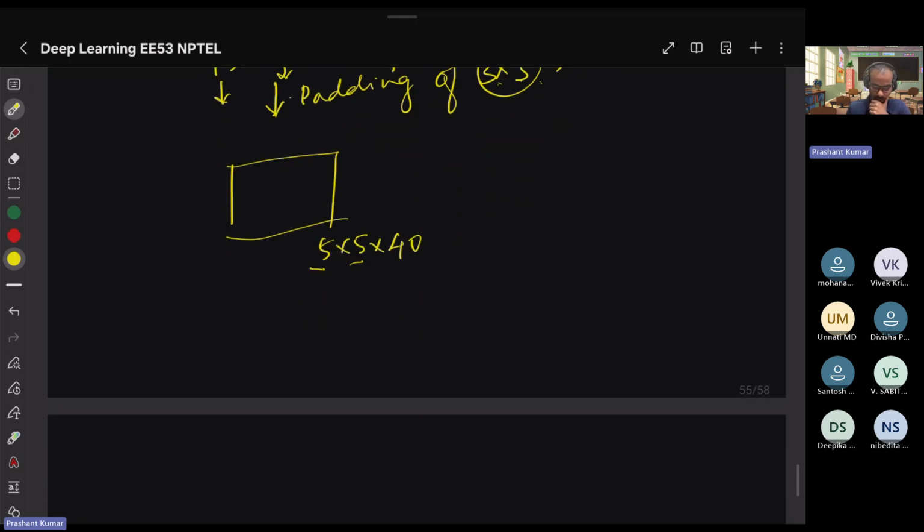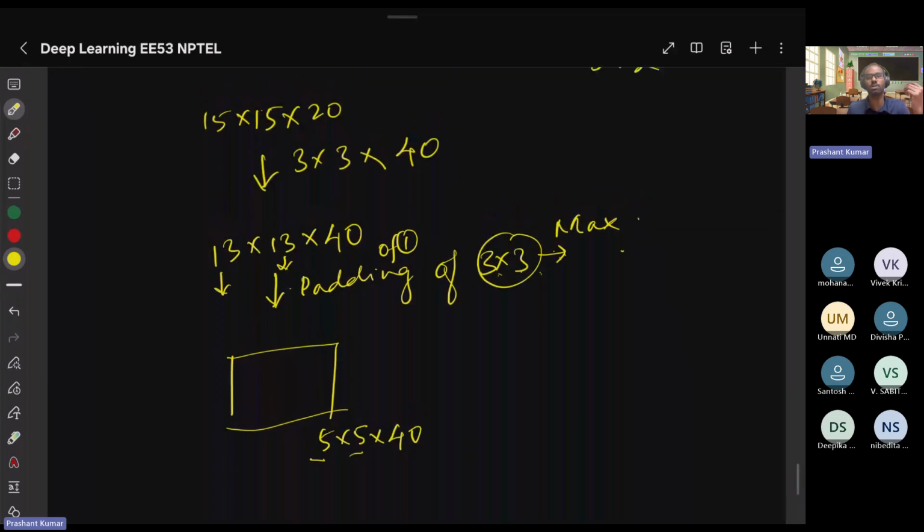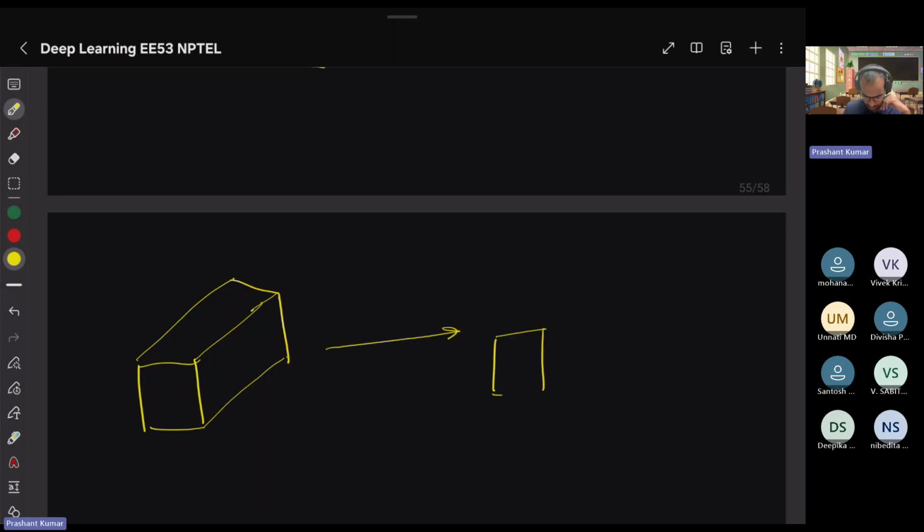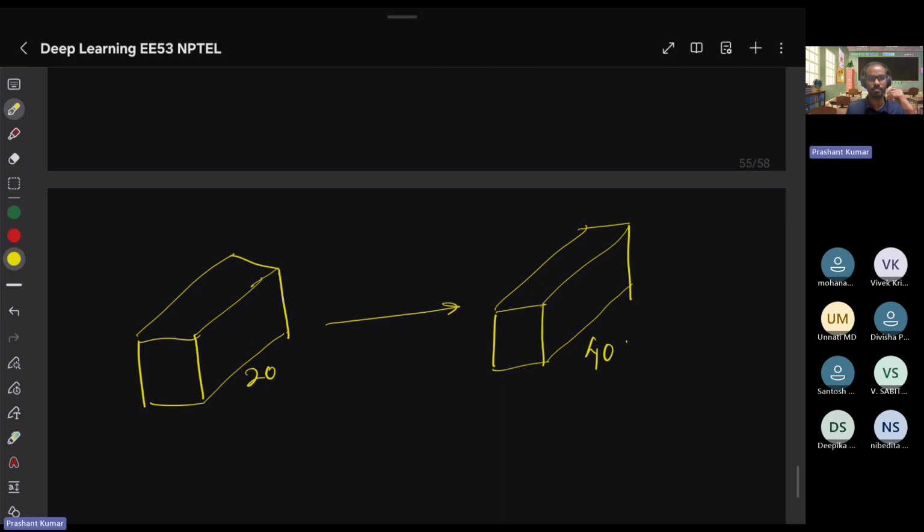Yes. So how 20 became 40 is also a different question. Let's say you have a 20 sequence, this is your 20 depth, and you are converting this into 40. So when I take this convolution of 3 cross 3 or something else, with convolution I will do some other computation as well.